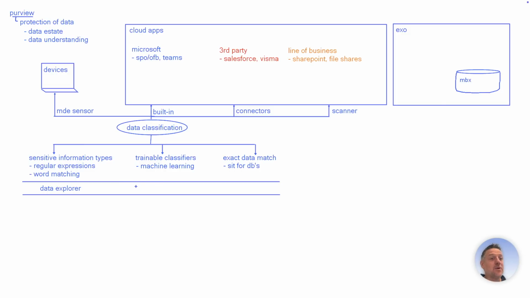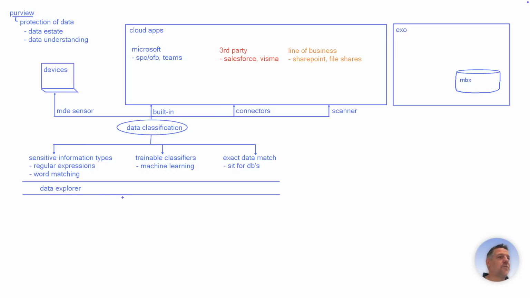Right? Hey, so we have this data explorer. This will help us look at this data estate, matching the data classification. But that by itself does not protect our data. That is just us, the admins, looking at the data that has been classified.